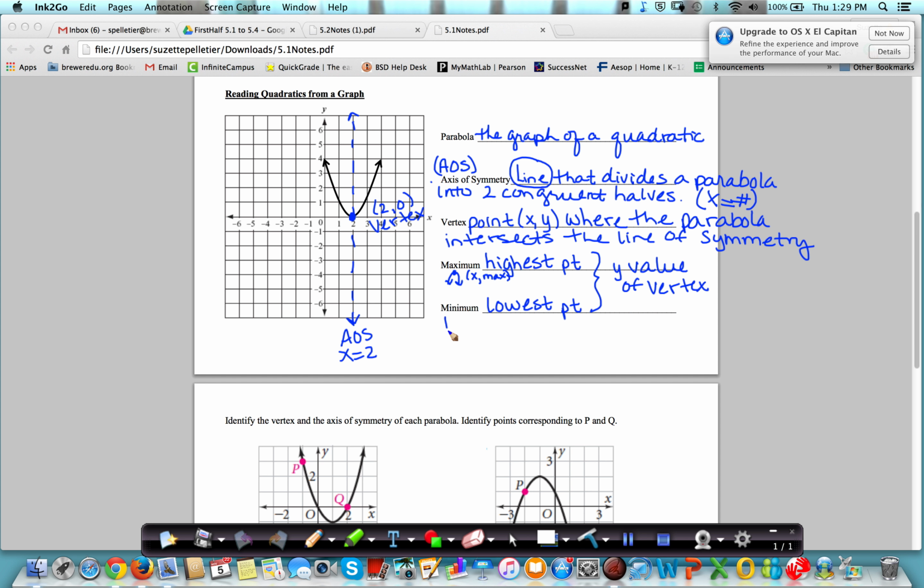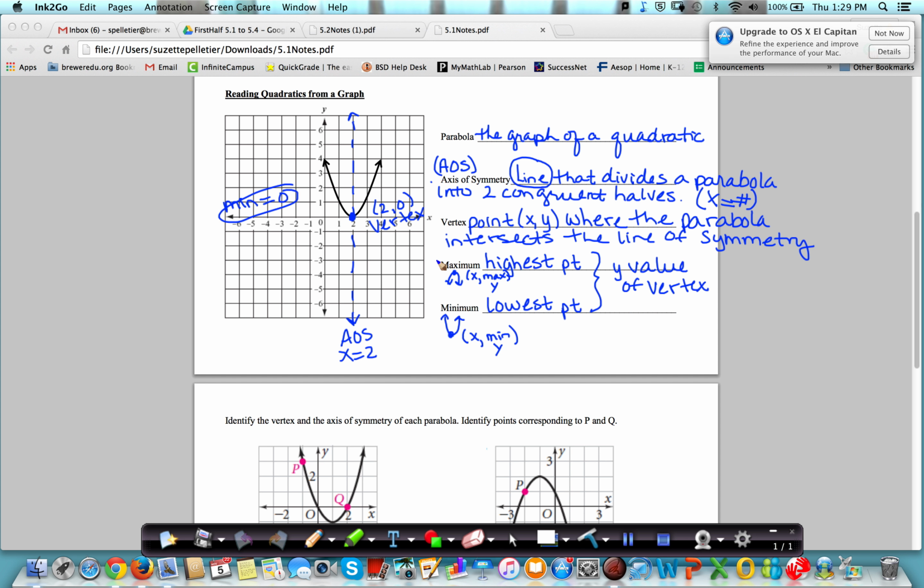And the minimum is when the graph goes this way, and we would have the point x, and then whatever the y value is would be the minimum. So your max or min is equal to the y value of your vertex. In this case we would say it has a minimum that is equal to 0.